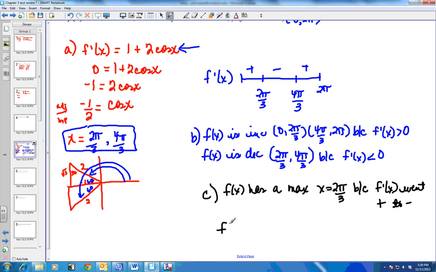And then f of x has a min at x equals 4 pi over 3 because f prime of x went from negative to positive.